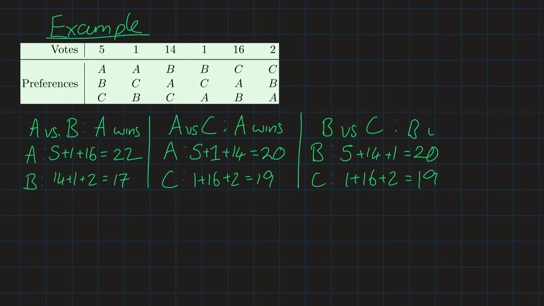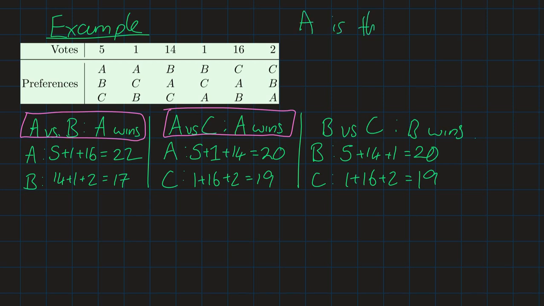So B wins. But the important thing is that A won both the head-to-heads. A beat B and A beat C. So this means that A is the Condorcet winner.